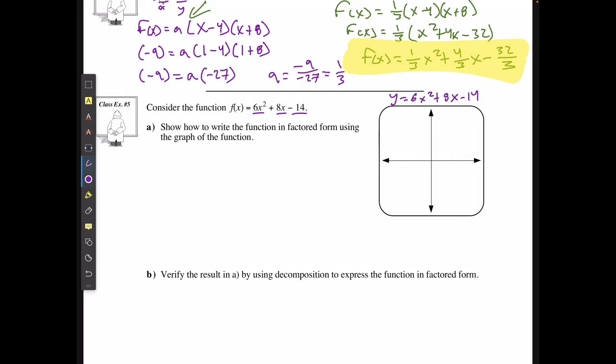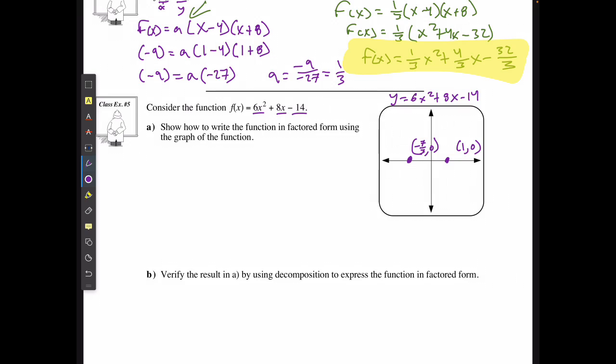And depending on the calculator I'm using, I'm either going to use the roots function or the zeros function to find that these occur at negative 7 over 3 and 0, and at 1 and 0.